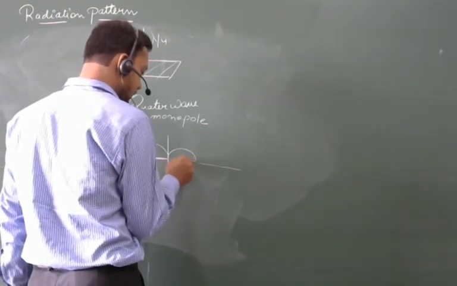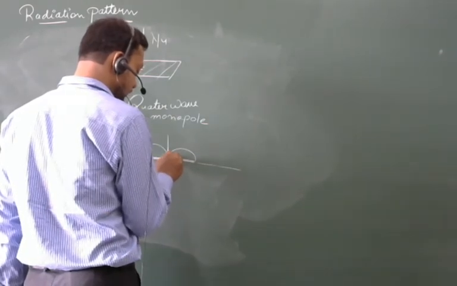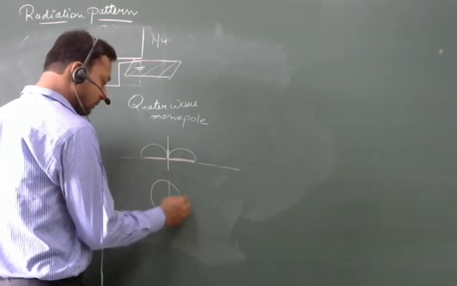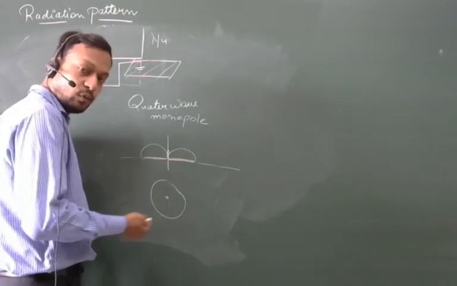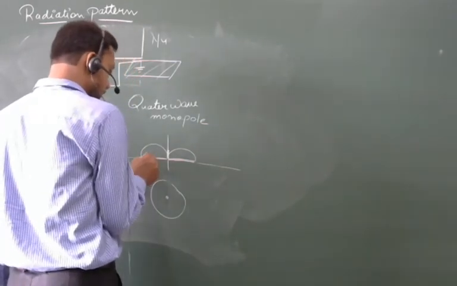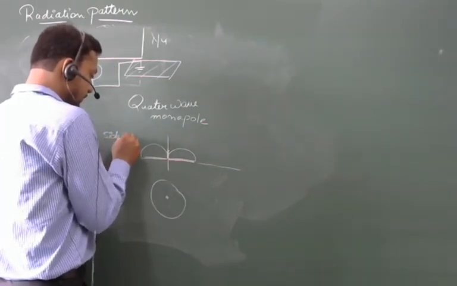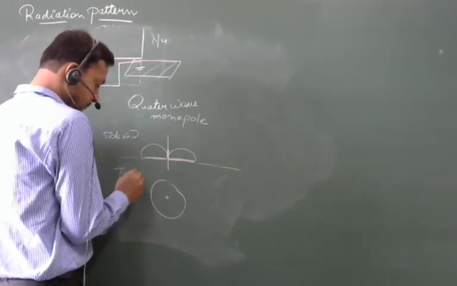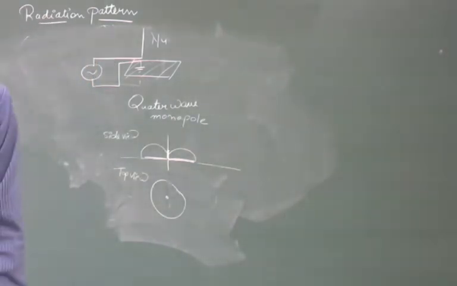If this is a wire antenna, the top view looks similar, but the remaining half portion is cut out. So this is a quarter wave monopole.